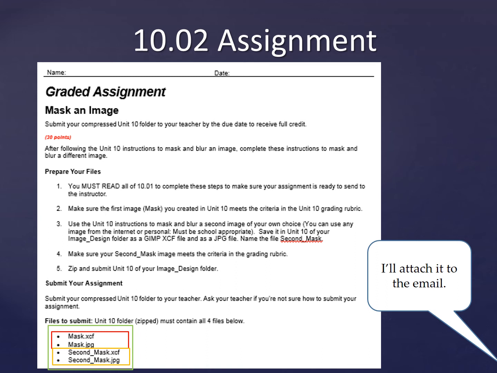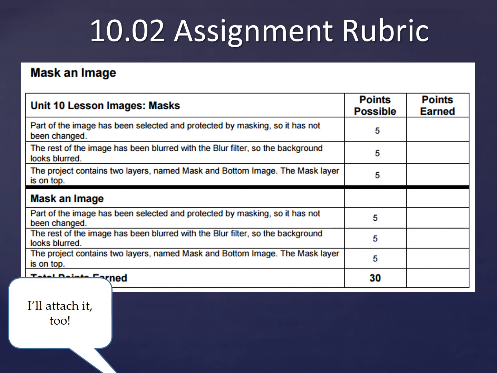If you have any questions regarding this, please make sure and feel free to send me an email. 10.02 Assignment Rubric. I'll have this attached to the email as well. Ladies and gentlemen, this will show you the criteria that I use to grade your project. Make sure you're double checking your work.